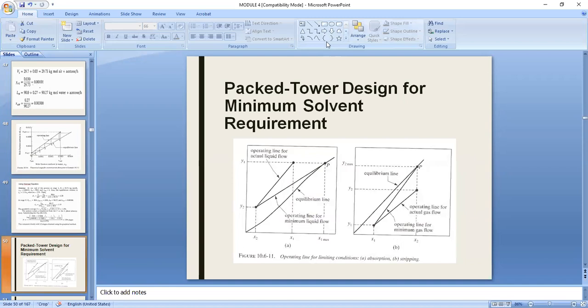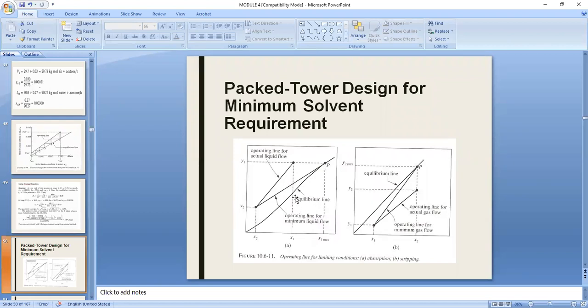Now, for the design of the tower, it really depends whether you have a packed tower or a tray tower. For a packed tower design, requiring you to determine the minimum solvent requirement, what is done actually is this.